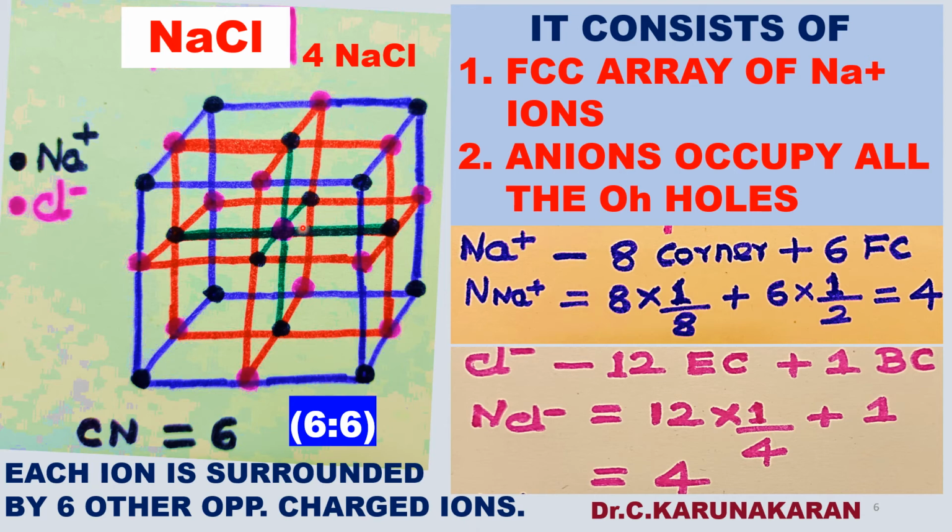Similarly, if you extend this unit cell, this will become the body center, and each sodium ion is also surrounded by 6 Cl minus ions. Therefore, the coordination number is 6:6.